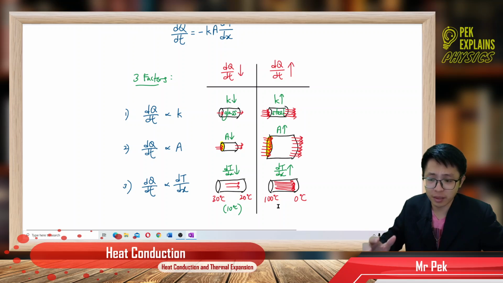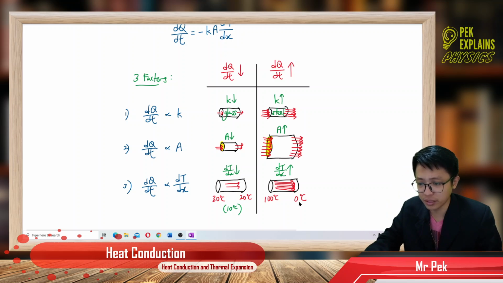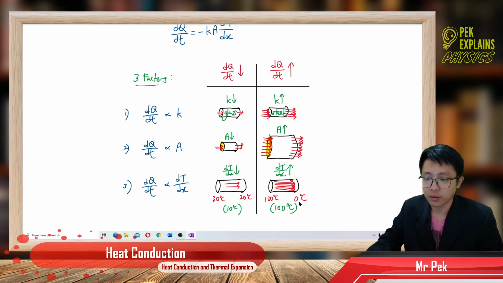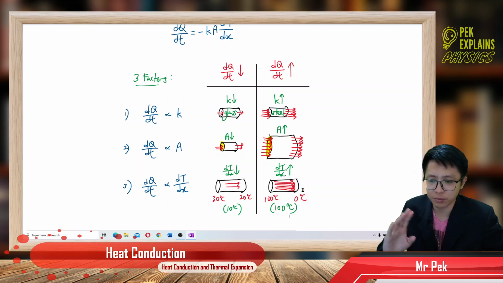But when the difference in temperature is so big, like 100 to 0, the difference in temperature is 100 minus 0, which is 100. You see? When the difference of temperature between the hot end and the cold end is so big, a lot of heat is flowing per unit time. So when the difference in temperature is big, that means the temperature gradient is very big, or very steep.